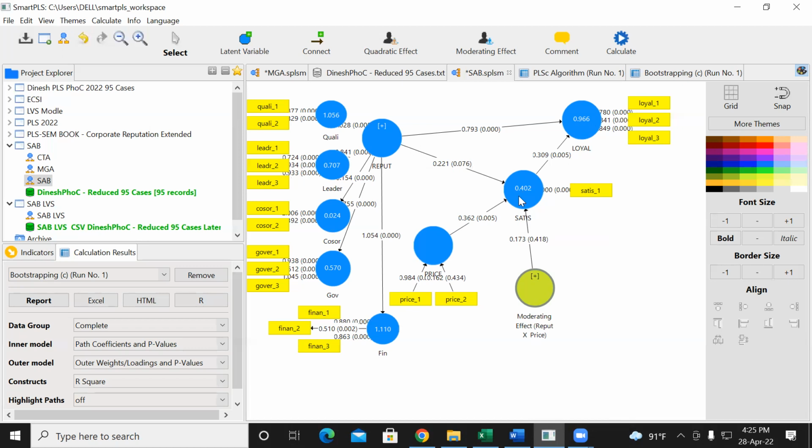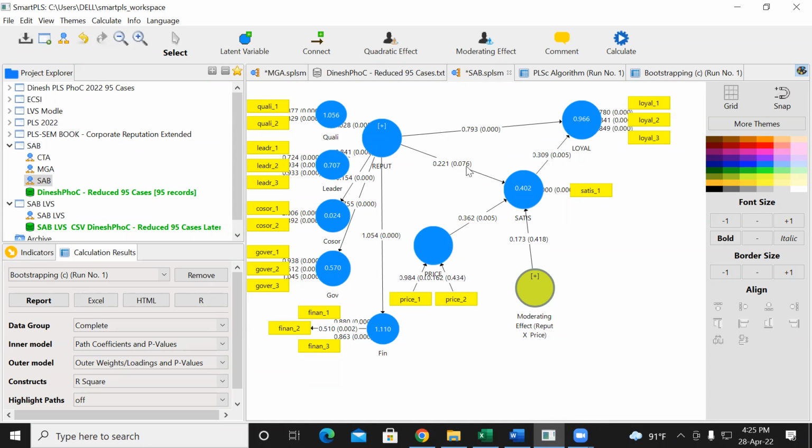Therefore, these are the indirect paths, and the indirect paths are significant. At the same time, look at the direct path: directly reputation leading to loyalty. That is also significant. Then what is the implication?